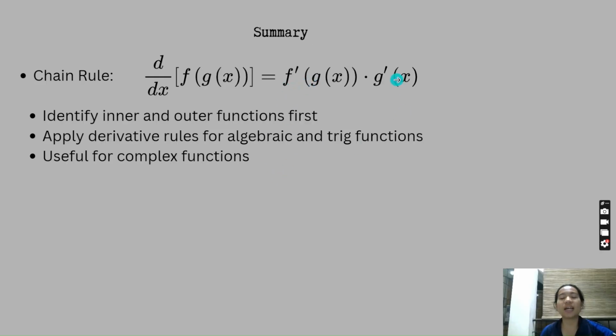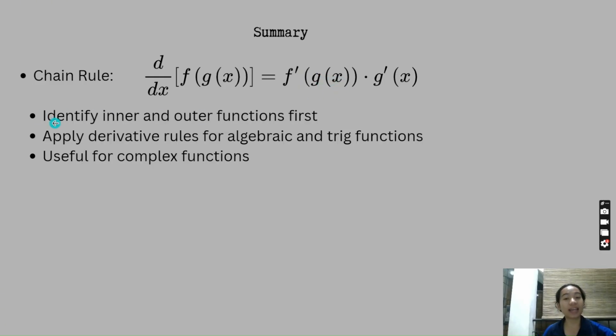And after that, we are going to get the derivative of the inner function, and when it has a power, we will first define it, and then after that we can get the derivative of the very inner function.